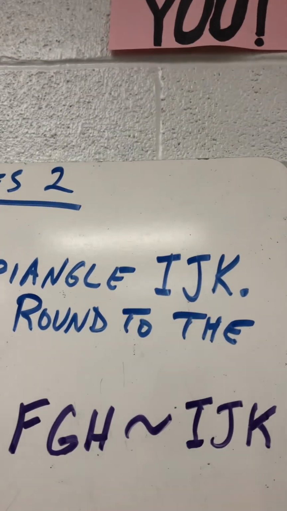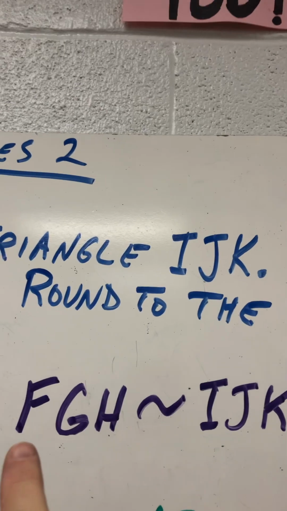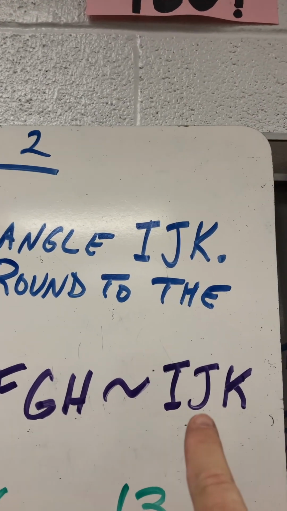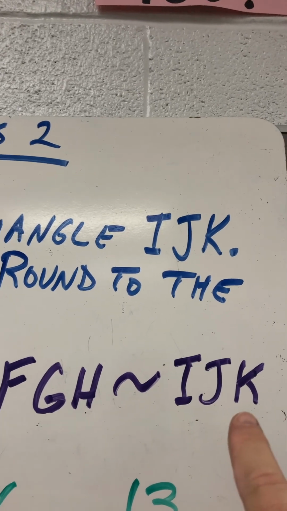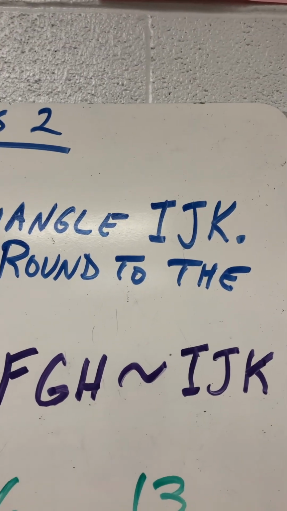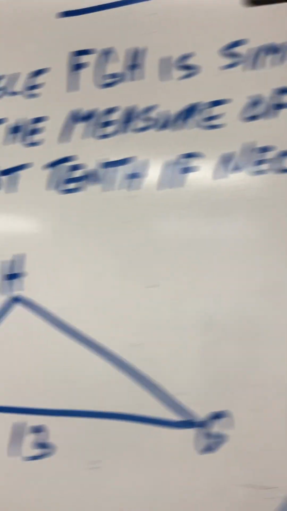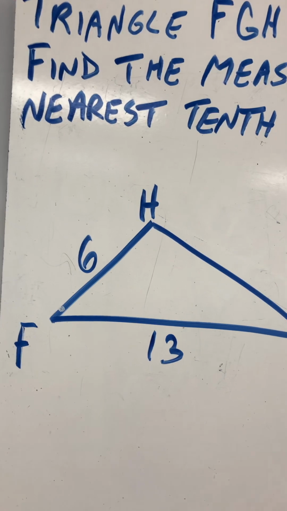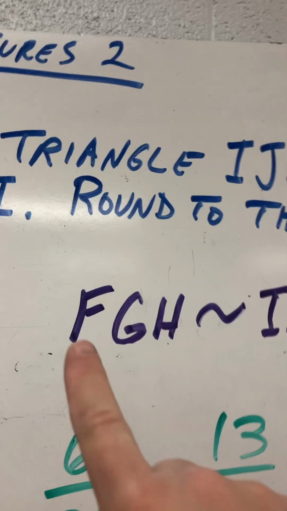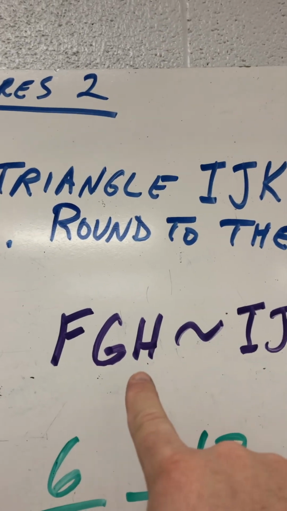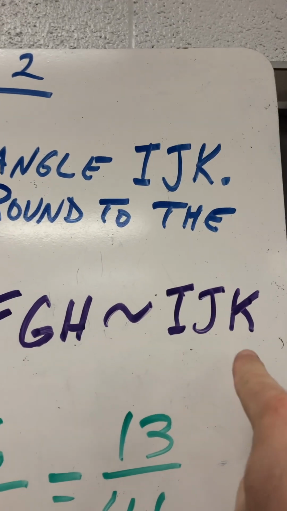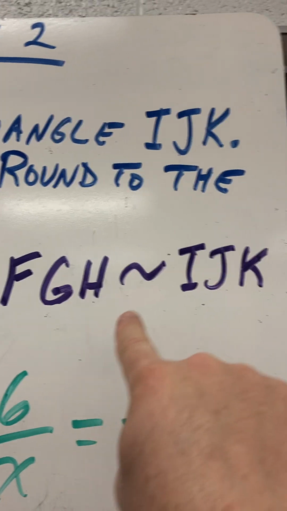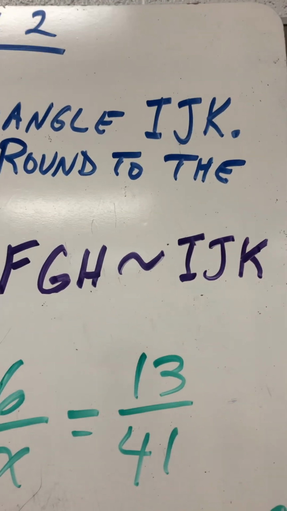What you need to realize here is that F corresponds with I, G corresponds with J, H corresponds with K. Which means if I'm looking at FH, this 6 right here, FH is going to correspond with IK. Does that make sense? The first and the third position corresponds with the first and the third position.